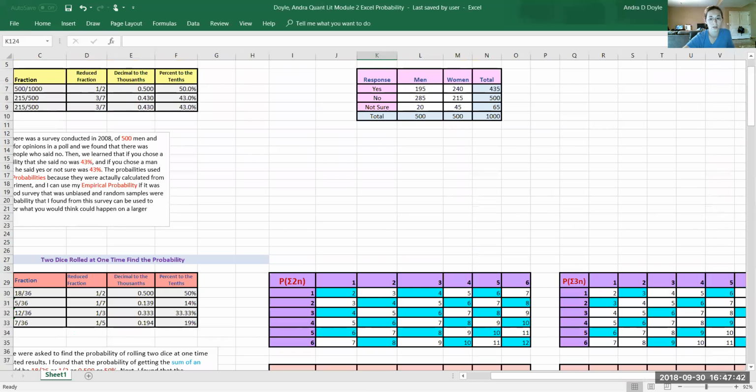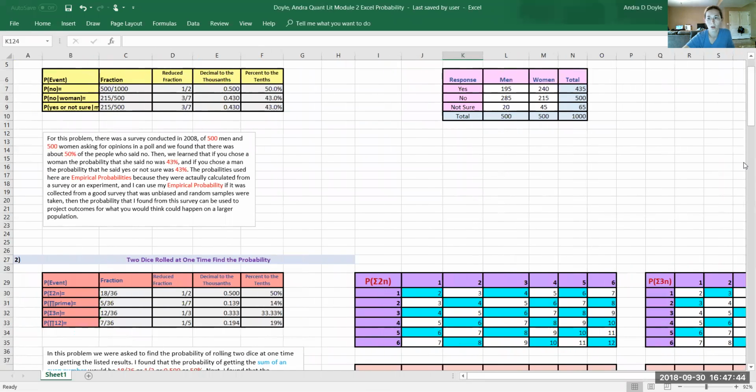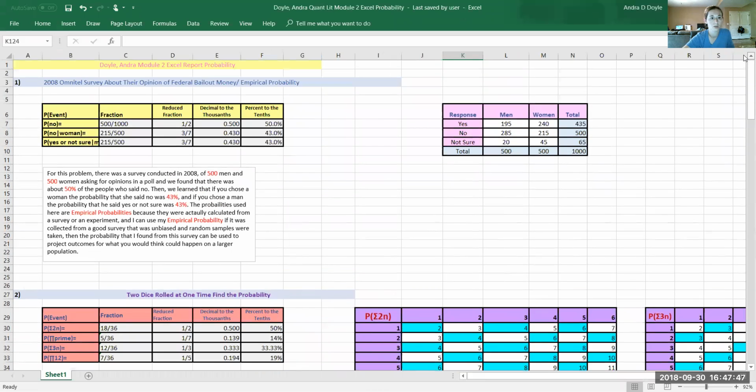Question number 1 is a question about a survey used about people's opinions on whether or not you should use federal bailout money for homeowners in default. This was a 2008 survey conducted of 500 men and 500 women. We found that about 50% of the people asked said no. Then we learned if you choose a woman, the probability that she said no would be 43%.